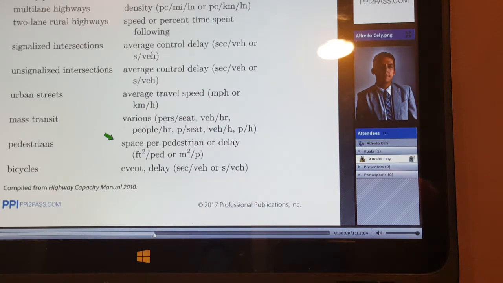And for bicycles, it is also based on the delay and is measured as seconds per vehicle, the vehicle being a bicycle. Note this is a compilation from all the different level of service definitions shown in the Highway Capacity Manual.